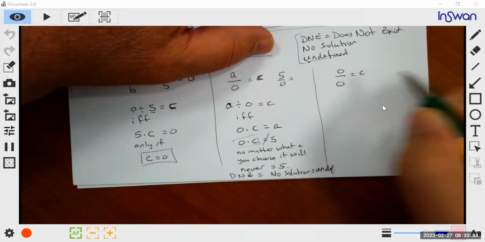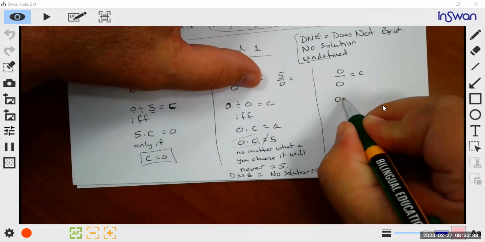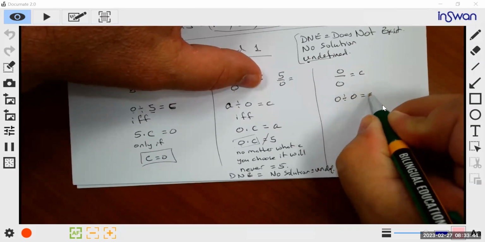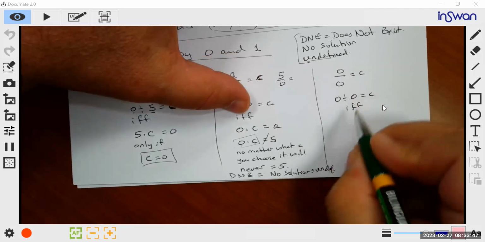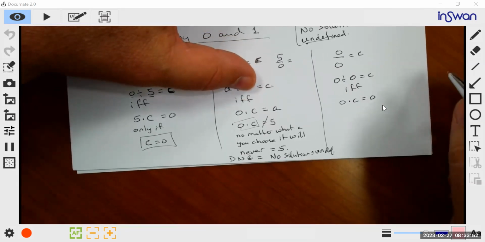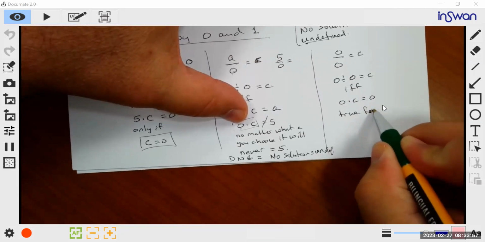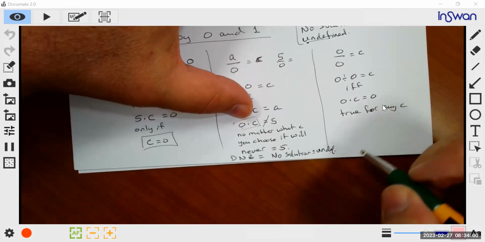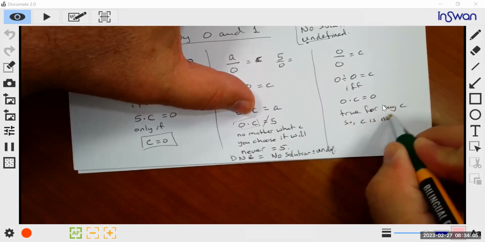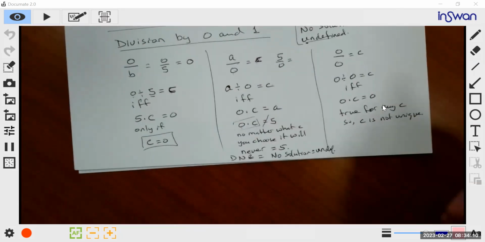So 0 divided by 0 equals C if and only if 0 times C equals 0. This is true for any C. So C is not unique. Remember, the definition says it had to be unique.